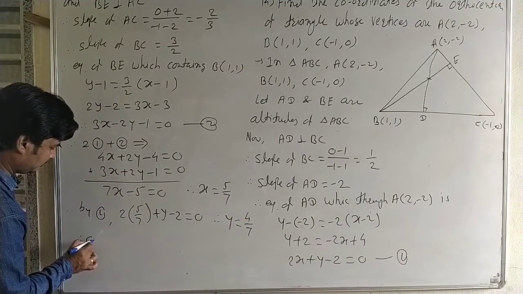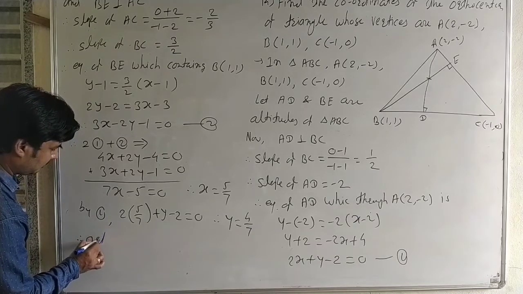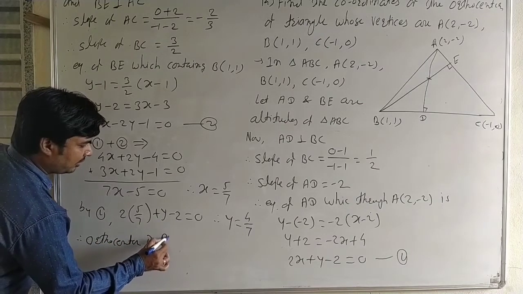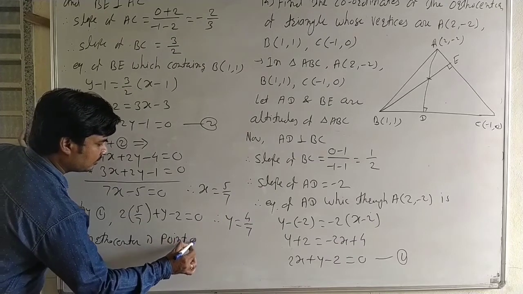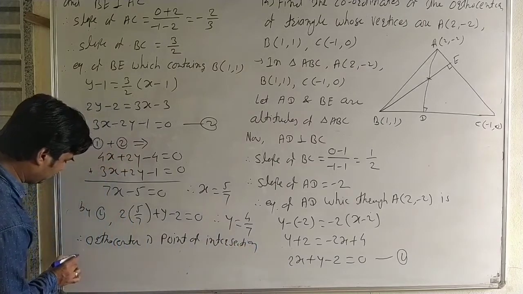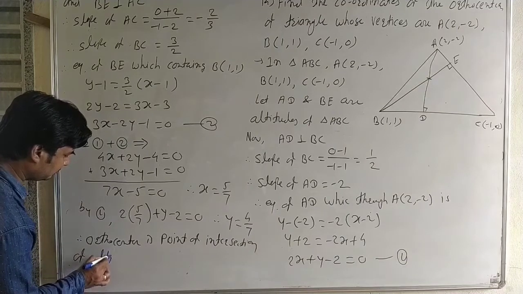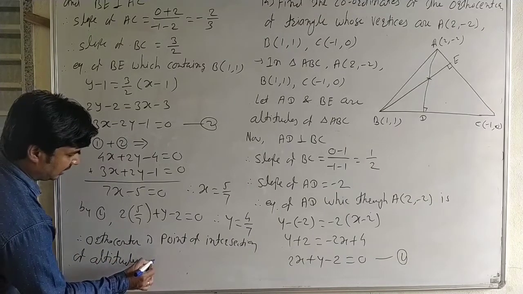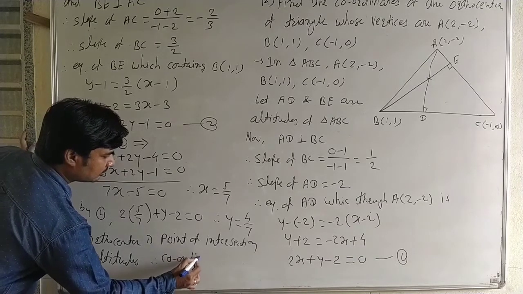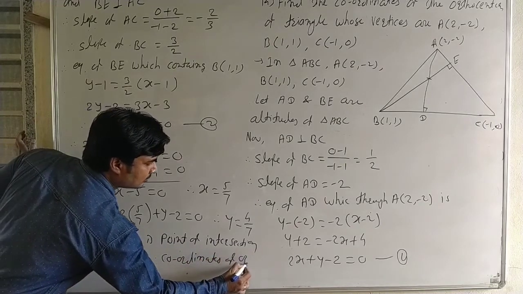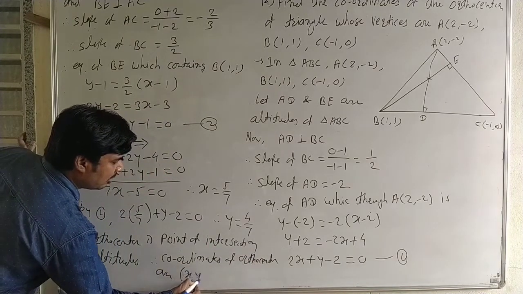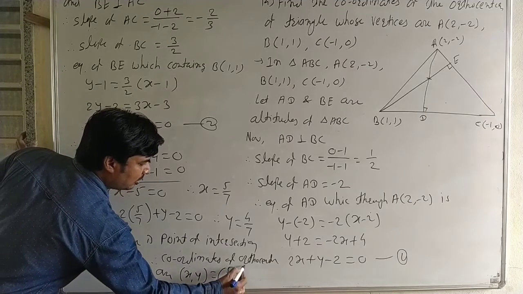And therefore the coordinates of the orthocenter, the orthocenter is the point of intersection of altitudes, are x comma y, and that is 5 by 7 comma 4 by 7.